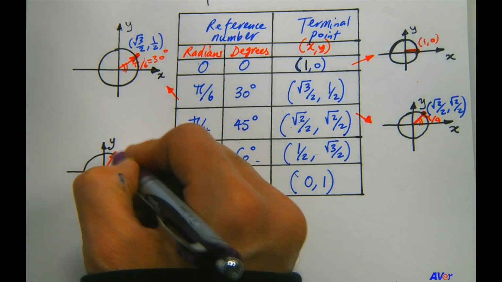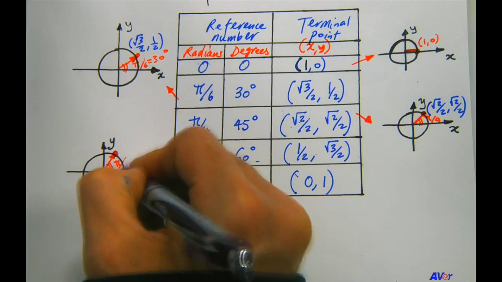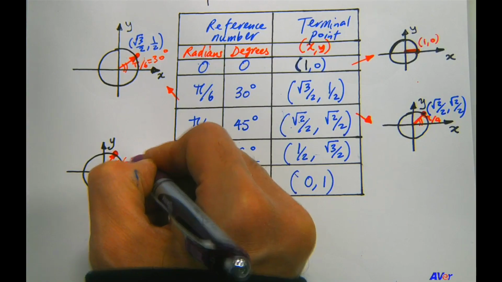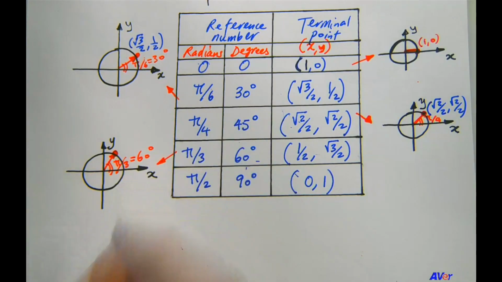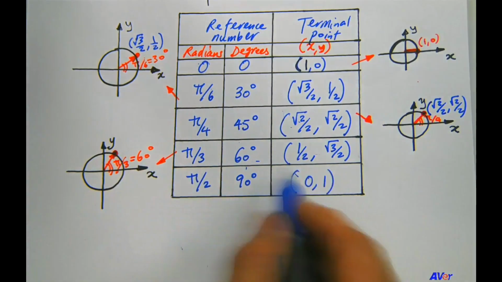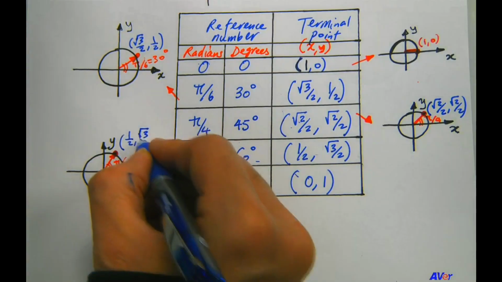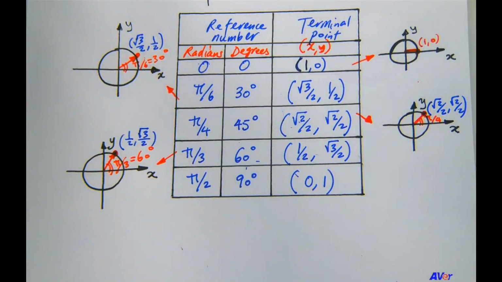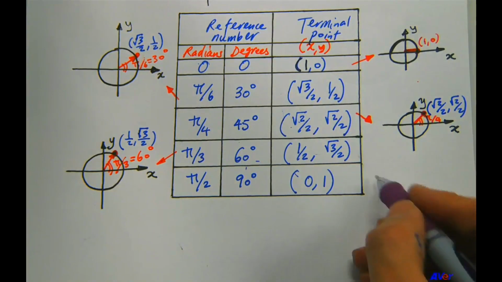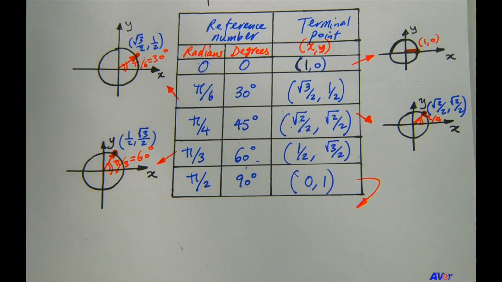Of course, that would mean the terminal point is right there. So this would be pi over 3 or 60 degrees. And that terminal point right there has these coordinates: 1 over 2, comma, square root of 3 over 2. Okay, like that.